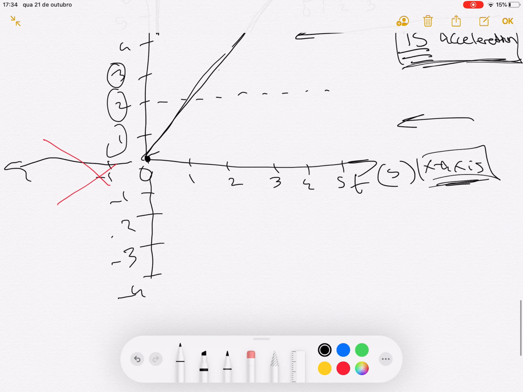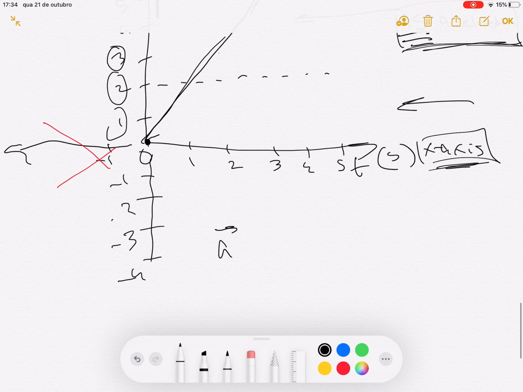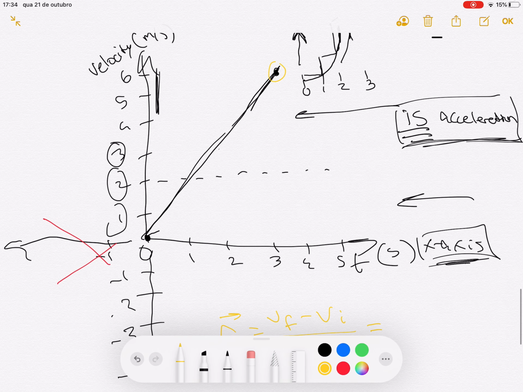So if we go down here and we do the formula for acceleration, which is velocity final minus velocity initial divided by time final minus time initial, and then we can replace this. So let's look at this point and then this point.